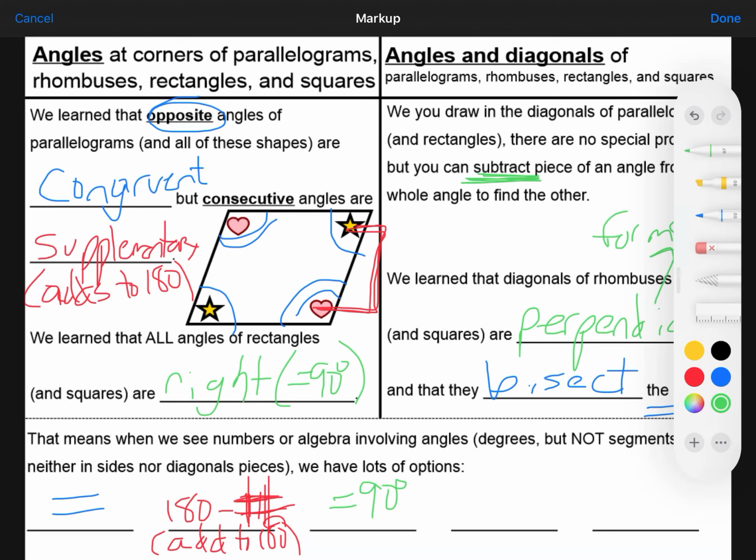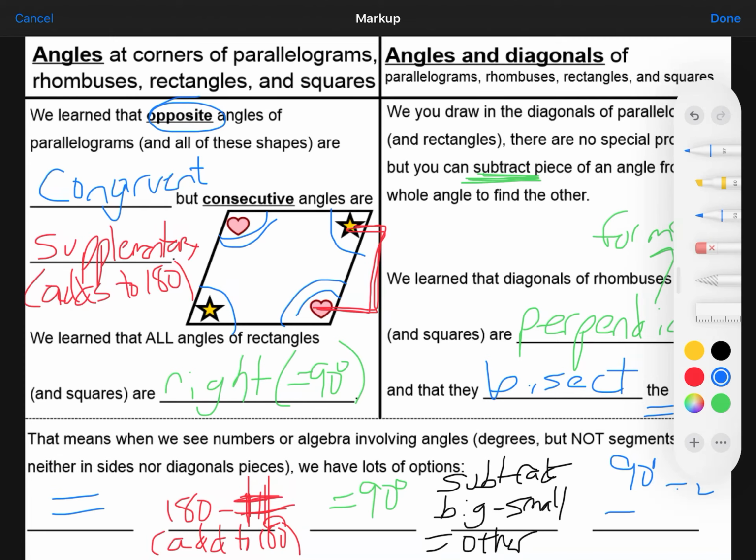Or you could do just some regular subtraction and subtract a big part minus a small part to get the other small part. And you could combine two of these together and bisect the angles, and when you bisect the angles, you could have a 90-degree angle divided by 2, meaning you could have 45-degree angles.